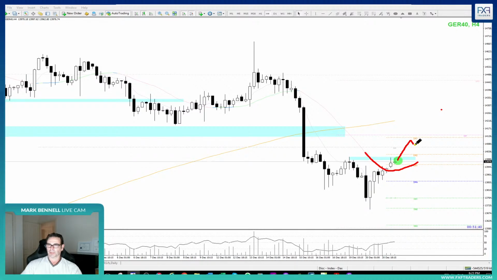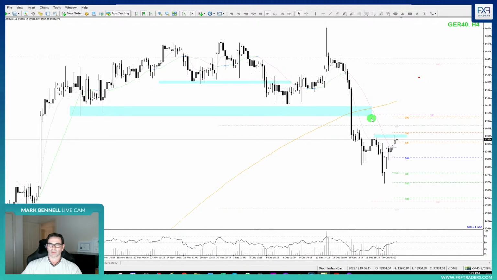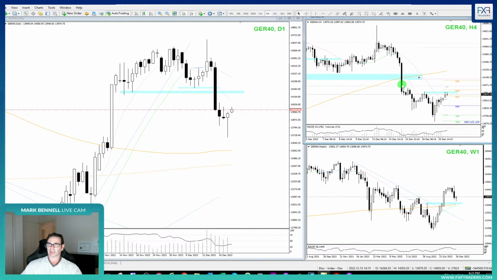If this can pop and give a pullback, it would be worth considering. That's what I'm seeing with that one. Just be mindful when it gets back up into this area here. But once again, another inefficient bar.